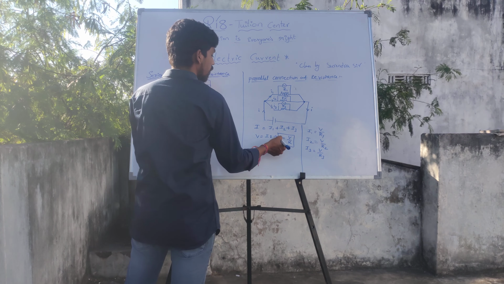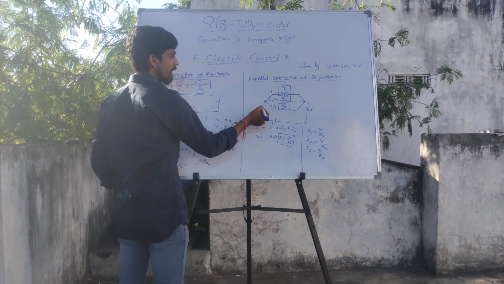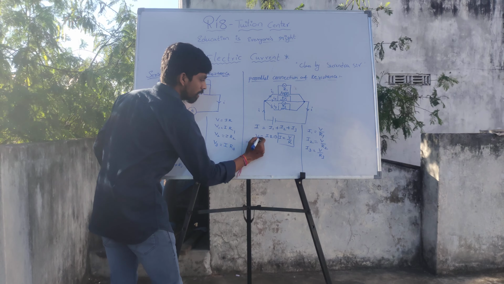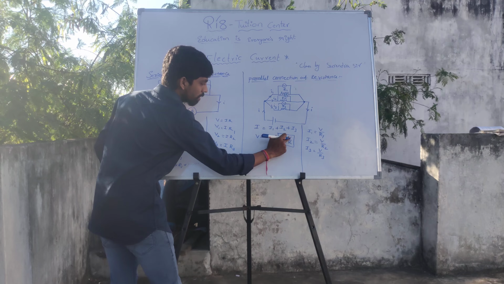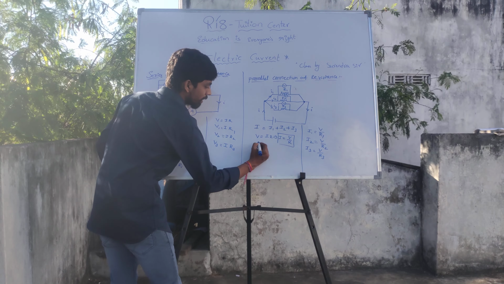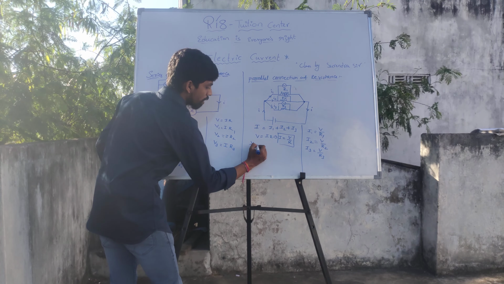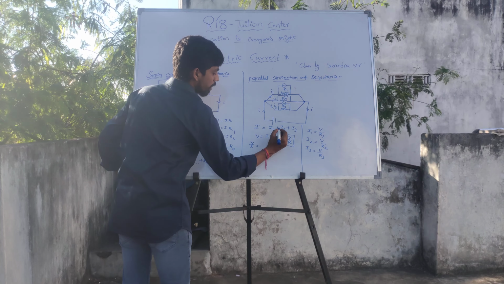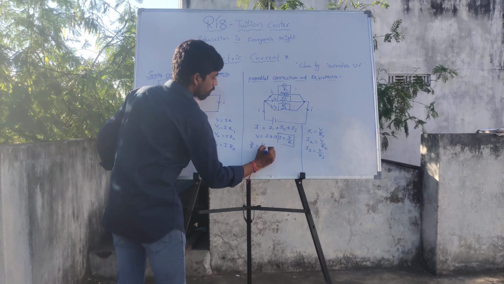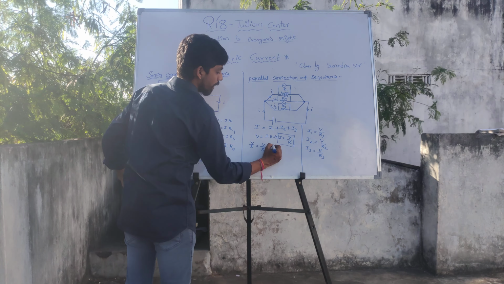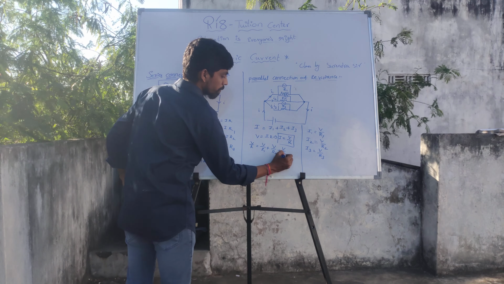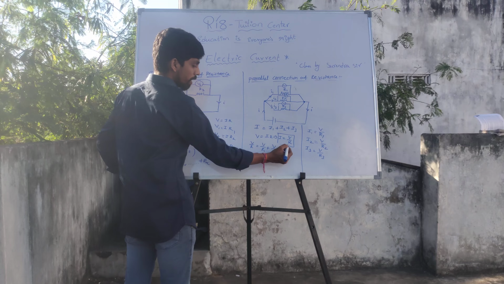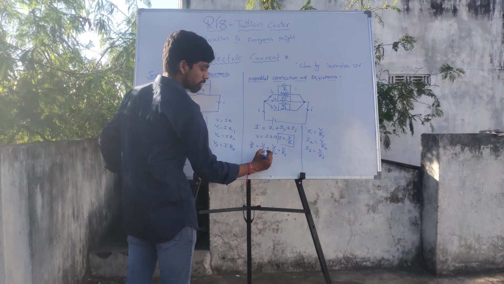The summation of the three electric currents gives the total current in the parallel combination. In place of I equals V by R, we write I as V by R, I1 as V by R1 plus I2 as V by R2 plus V by R3. In the numerator the potential difference is common.